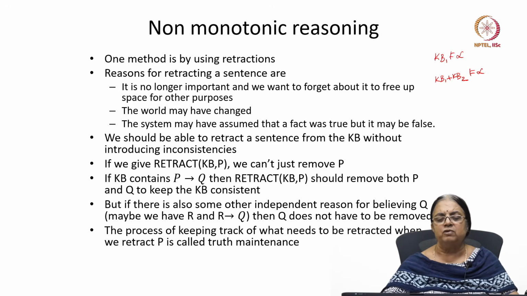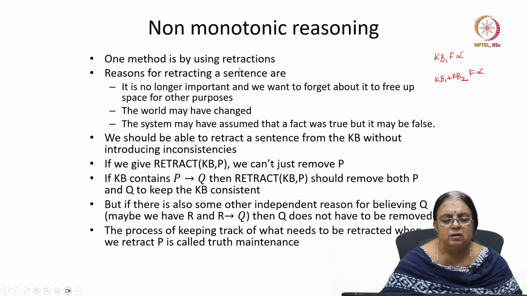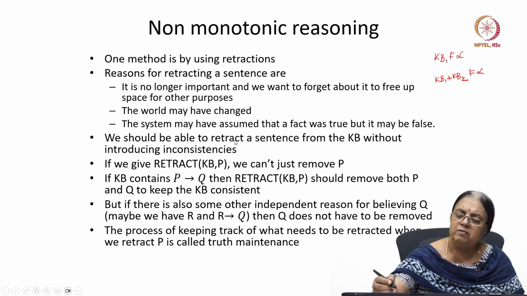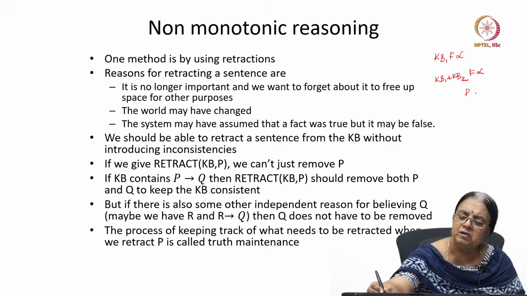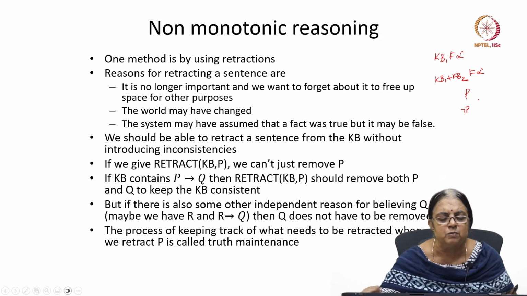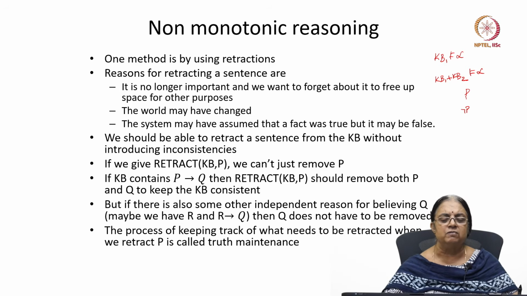But what happens is there are some reasoning methods where it doesn't remain the same, right? So you can retract something. If P is true at a particular point in time, at some other time later on, P may become false, right? That's possible.